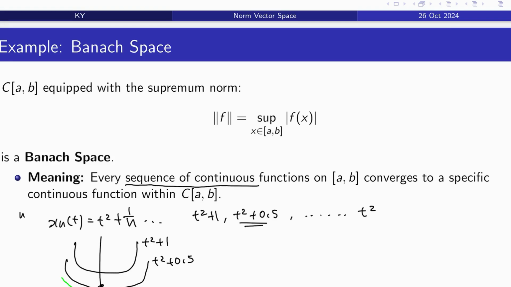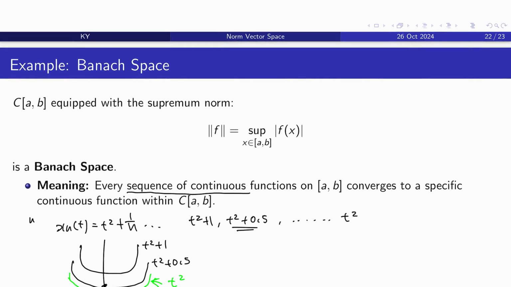So it converges to this continuous function, which is t squared. We pick a sequence of continuous functions on an interval and it converges to another continuous function.